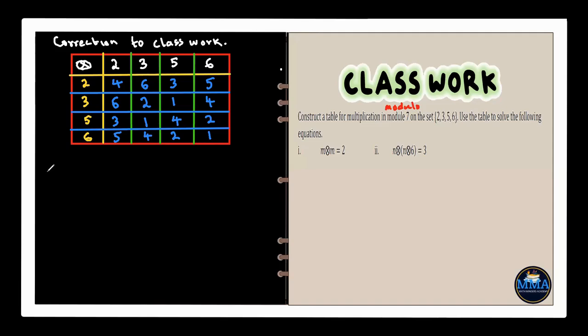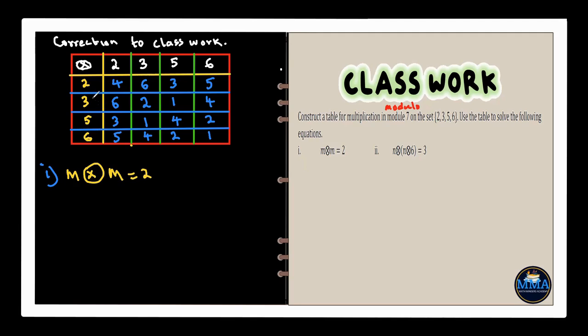So now let's use this table to answer this question here. They said if a number multiplies itself, the result is going to be 2.